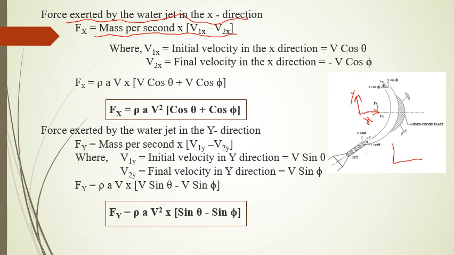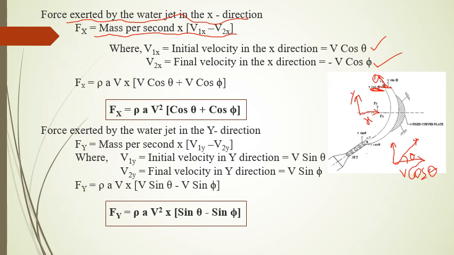Velocity V makes an angle theta with the horizontal. So here the velocity component is V cos theta. So initial velocity is V cos theta. And at the outlet, the velocity component V makes angle phi with horizontal. So horizontal component final velocity is V cos phi.